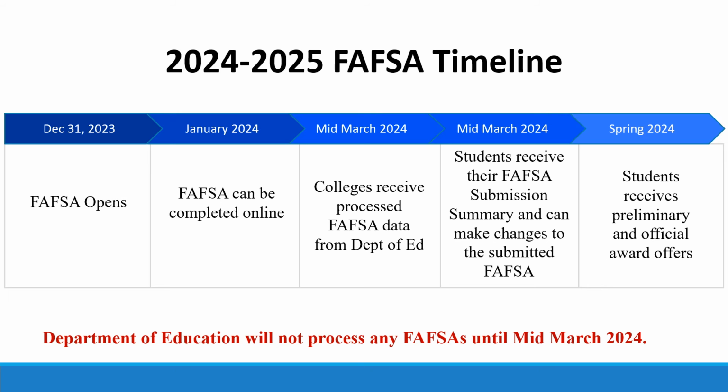Department of Education is always subject to change anything, but as of today, February 6, 2024, this is our current timeline. So as of mid-March, colleges should begin receiving processed FAFSA data. Students will receive their FAFSA submission summary. Sometime, we're hoping during spring of 24, students will begin receiving preliminary and official award letters.